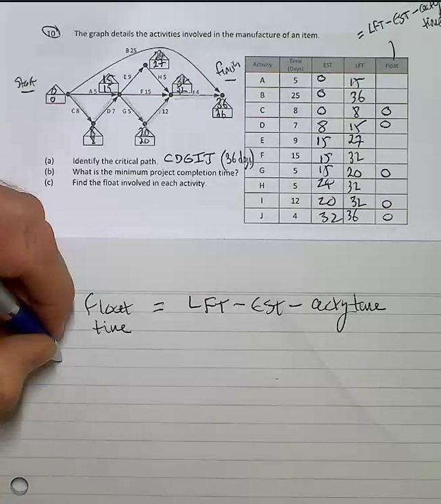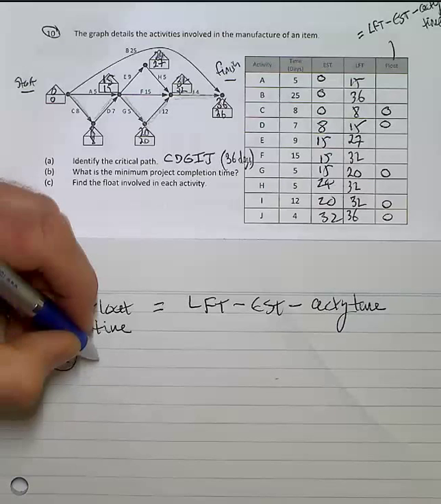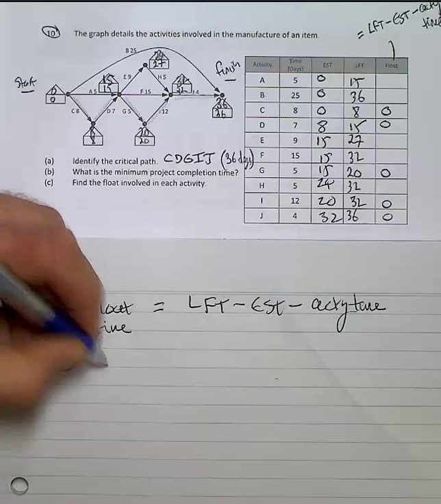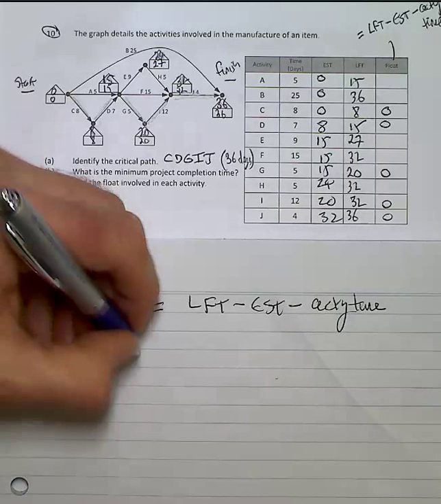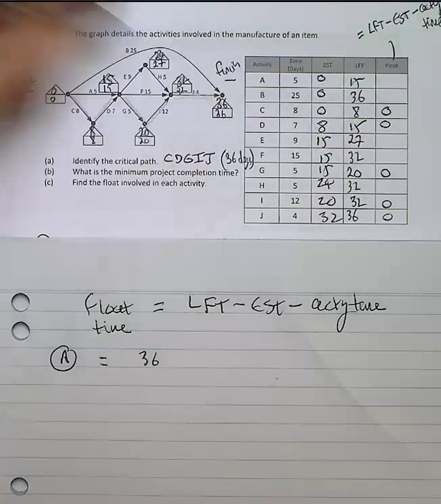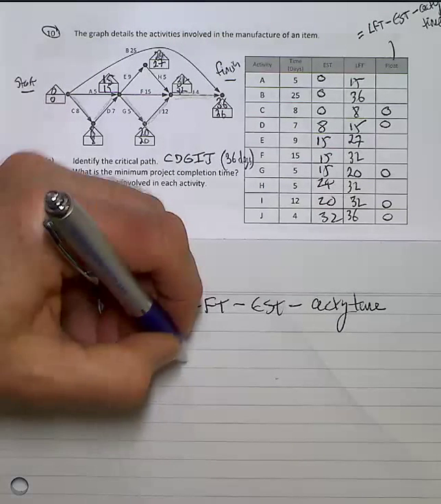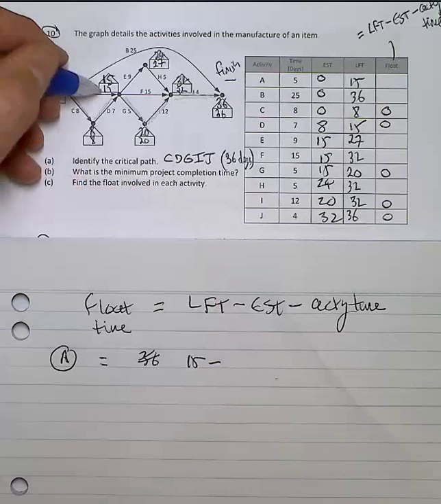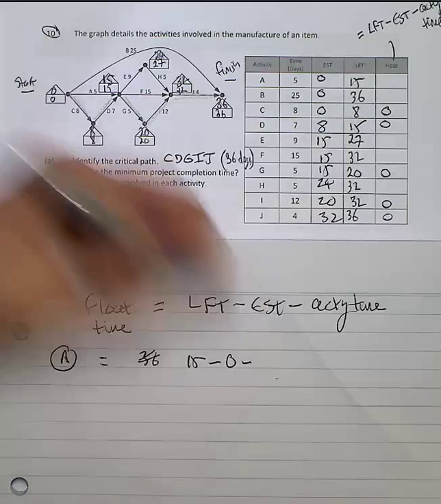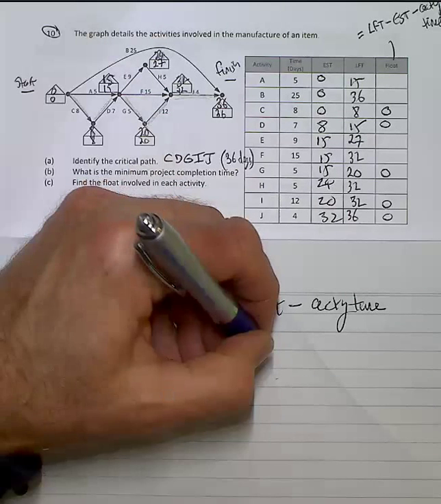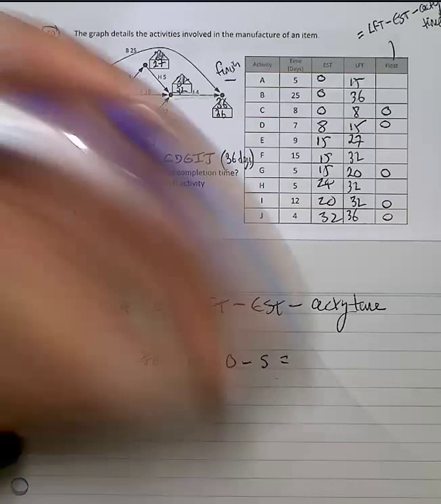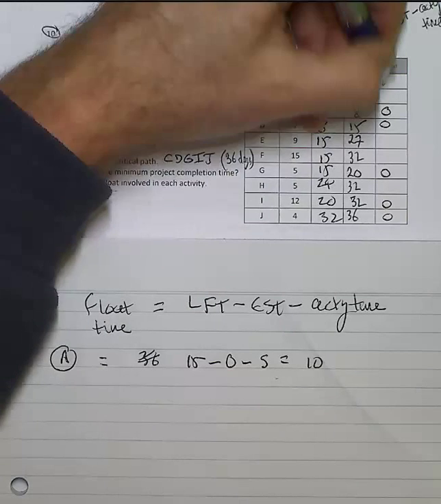There's not many I've got to do, but A fits into that category. So A, the latest finishing time is 15. Its earliest start time is 0. It takes 5 days. So I've got a float time of 10.